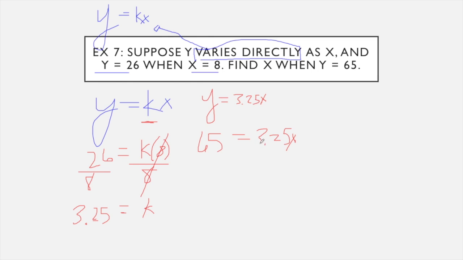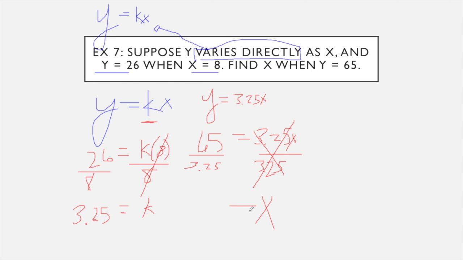And now, with one more step, we can divide both sides by 3.25 because we don't want that by the x. So this will go away here. We'll have just x.